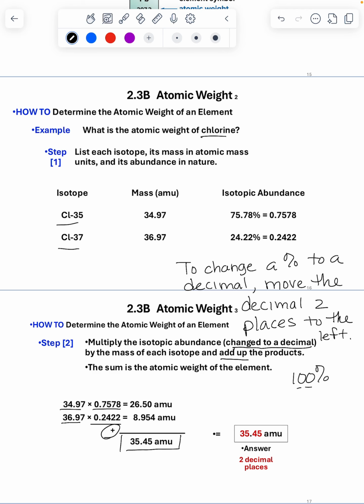If you were putting this in the calculator, this is how I would enter it, all as one problem. I would use parentheses on your calculator.